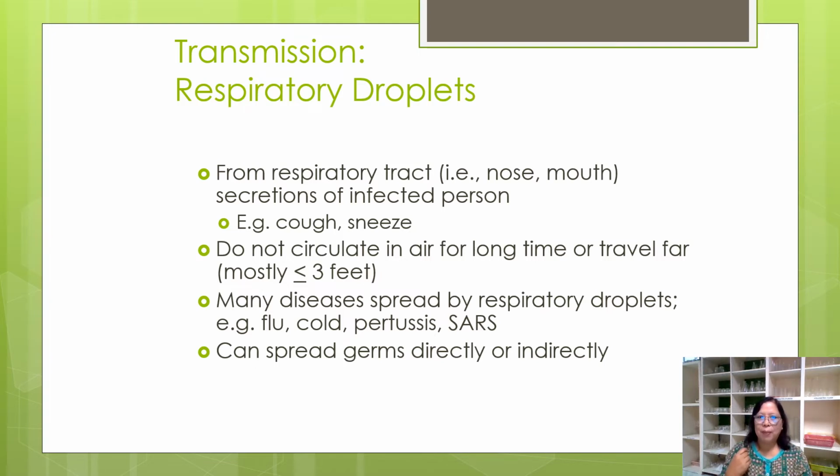Okay, so sometimes if you go to the cinema or if you go to the shopping mall, do not talk so near to the mirror because some droplets might be there that you can get.